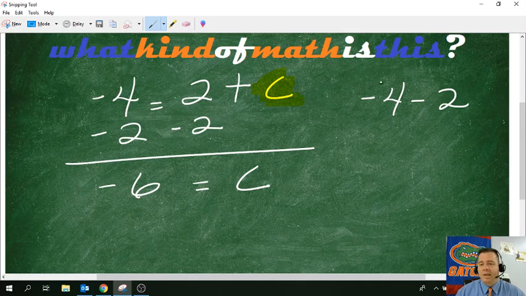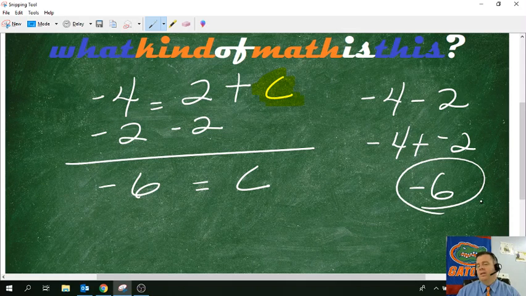Understand that what you're doing here is you start with negative 4, you're left with 0 if you're on a number line, and from that you are taking away a positive 2. This right here is the opposite of the rule that we commonly know: whenever you add a negative, you are subtracting a positive. Well, this is a subtraction of the positive. What we can do is just basically rewrite this. It makes it much clearer.